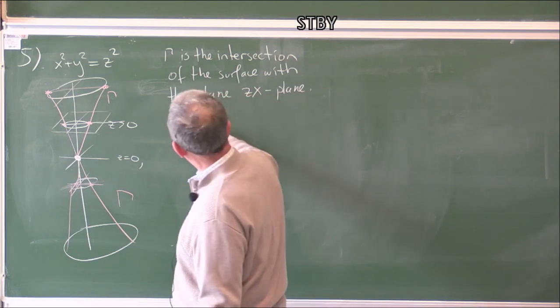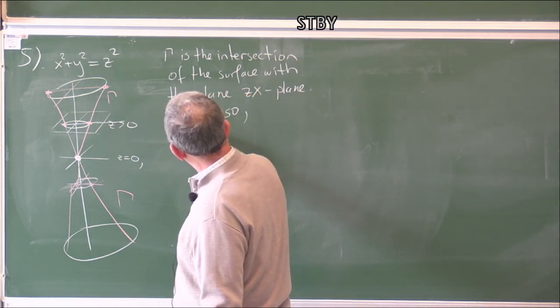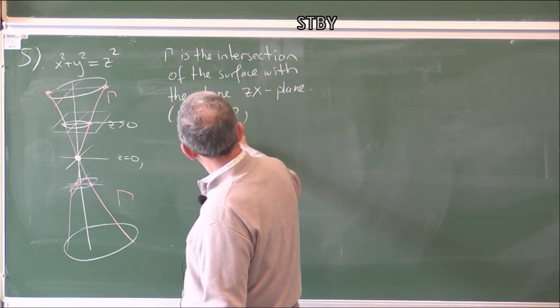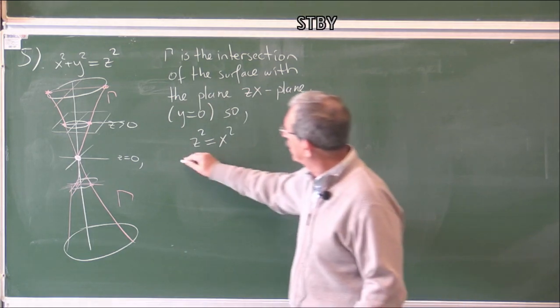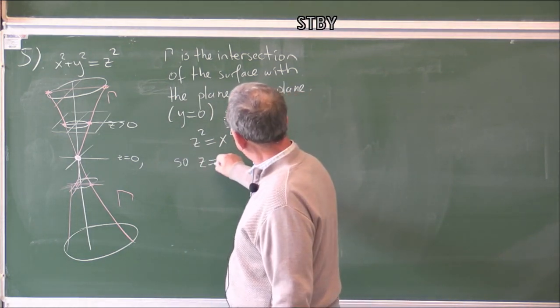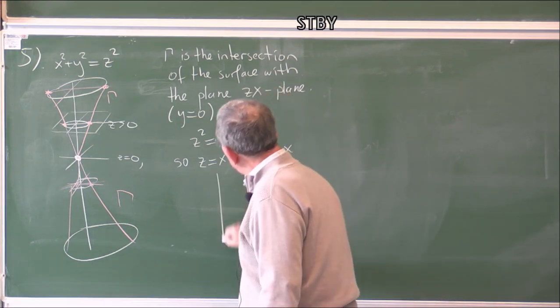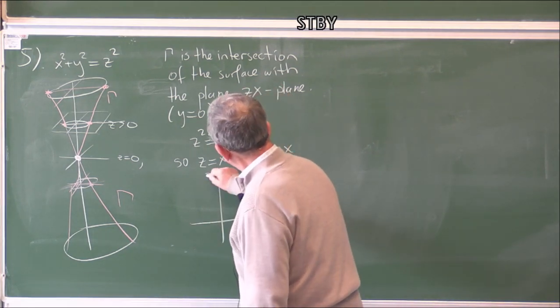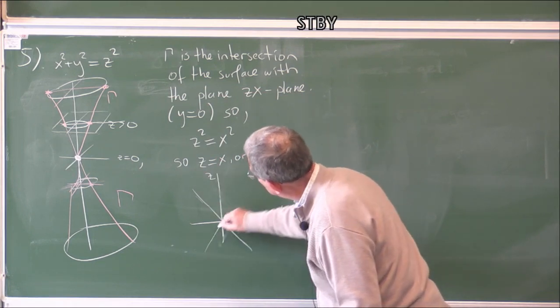That means y is 0. So we have z squared is x squared. Which means, of course, z is x or z is minus x. But in the zx plane, these are just straight lines.